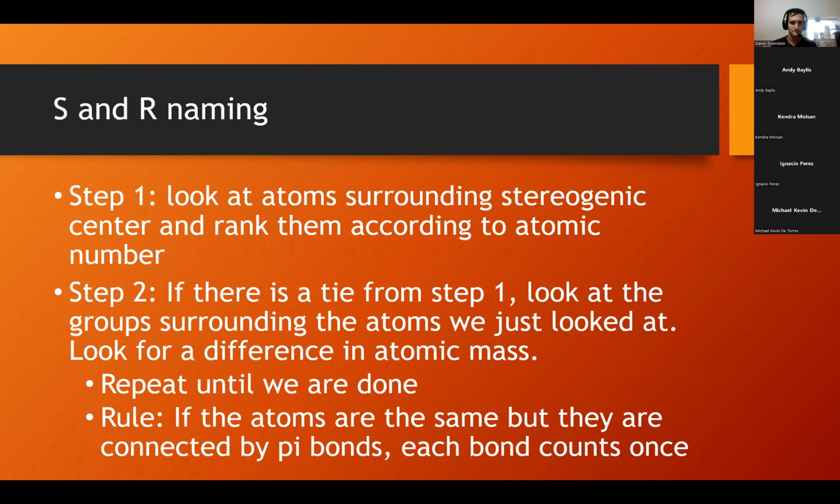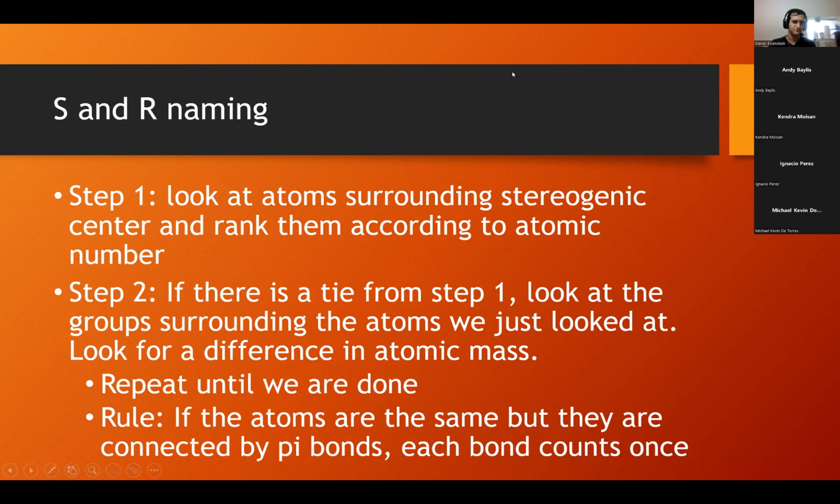So the first step is to look at the immediate atoms and rank them in terms of atomic number. If I have an oxygen, a nitrogen, a carbon, and a hydrogen connected to a chiral center, then I'm going to rank the oxygen first because it has the highest atomic number, then nitrogen, then the carbon, then the hydrogen.